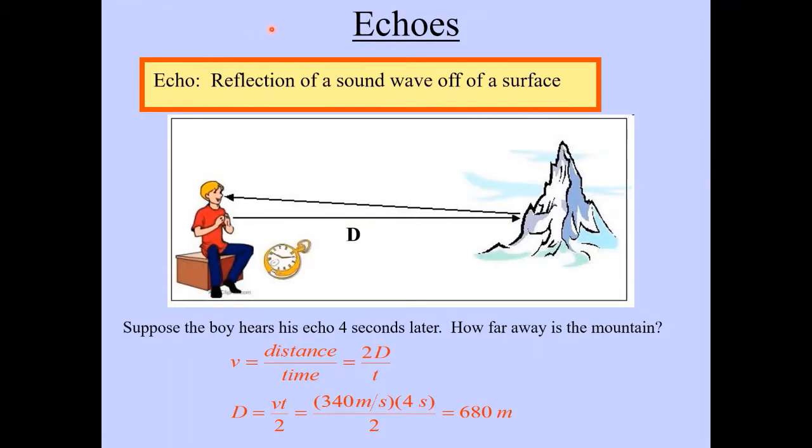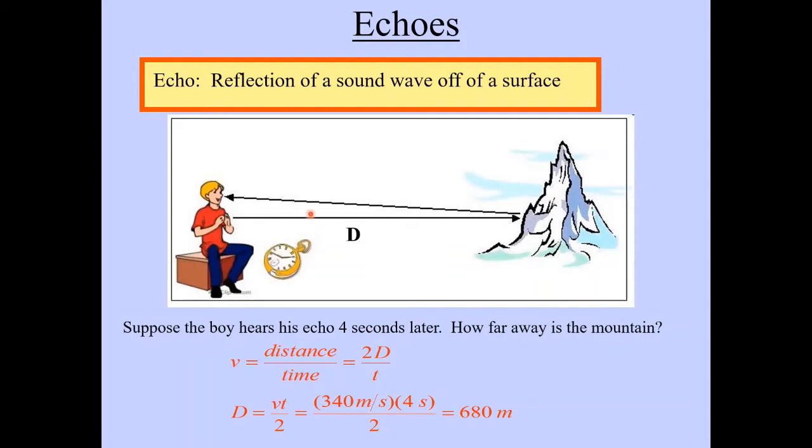All waves reflect off of surfaces when they encounter a surface. And sound waves are included, and for sound waves we call this an echo. So an echo is a reflection of a sound wave off of a surface. In this example here, here's the boy, and he claps his hands.